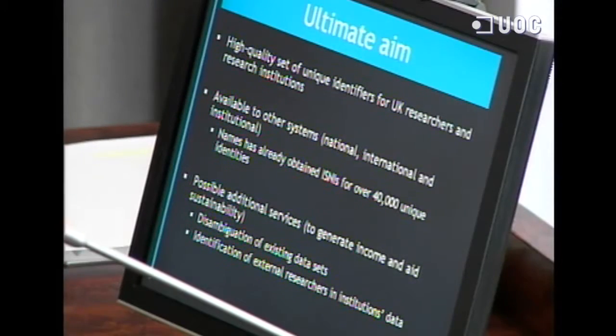So the ultimate aim for names is to get this high-quality set of unique identifiers for the UK researchers, which is then available to the other systems. So whether they're national systems, for the reporting processes and things like that, international systems like ISNI and ORCID, or institutional systems, so within an institutional repository, like with the API you've just seen, the ePrints plugin.